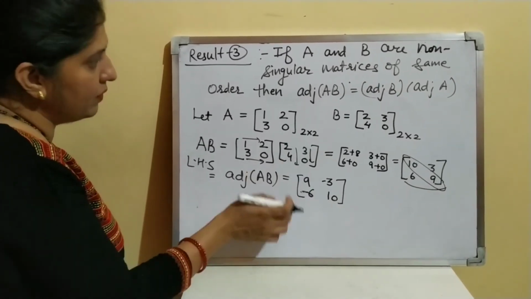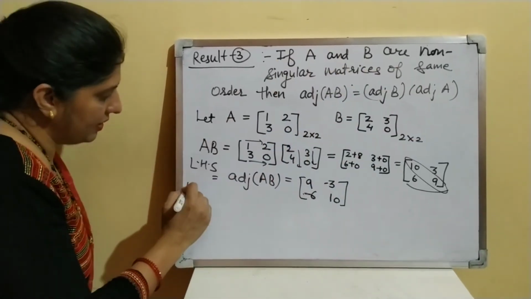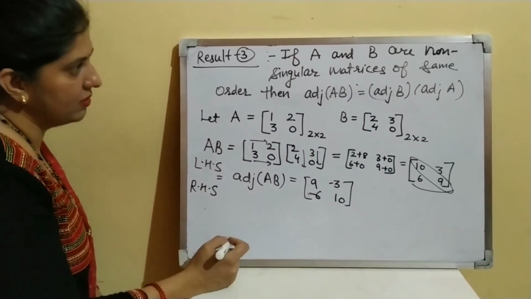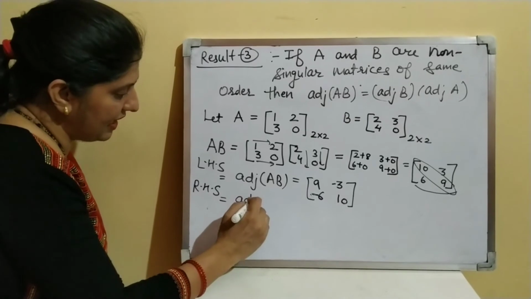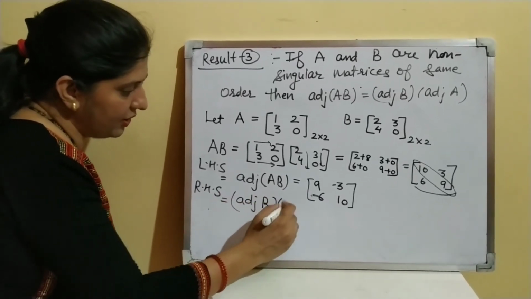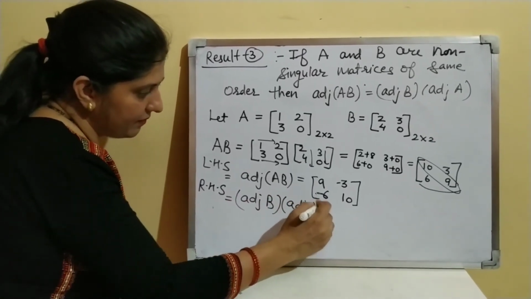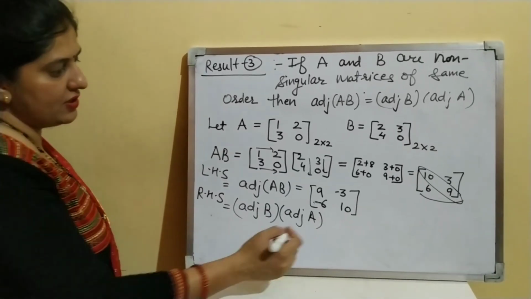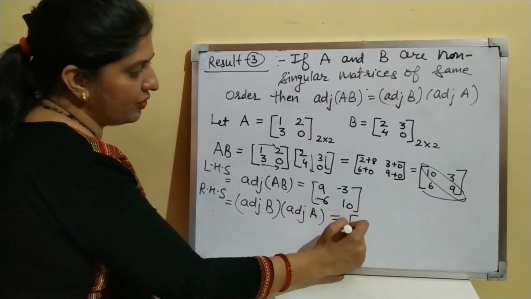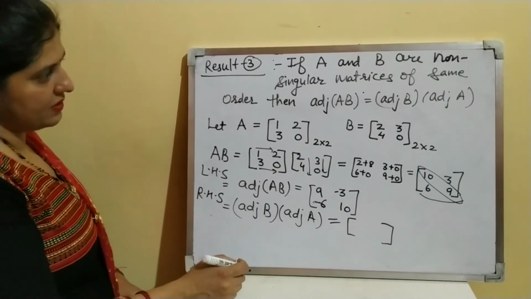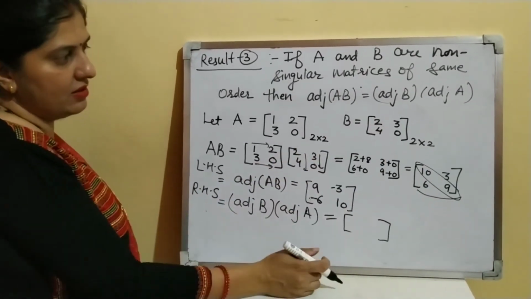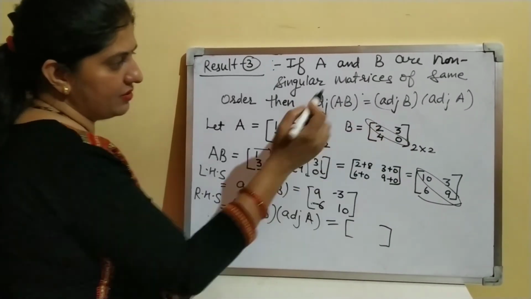Now we have to calculate the right hand side. The right hand side is adjoint of B into adjoint of A. Just put the value of adjoint of B. Matrix B is this, we have to calculate its adjoint.